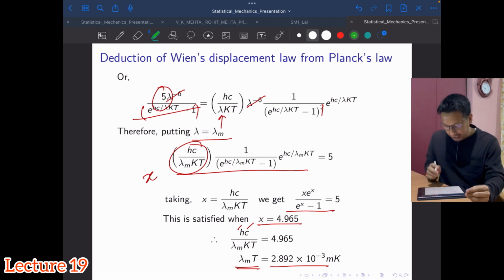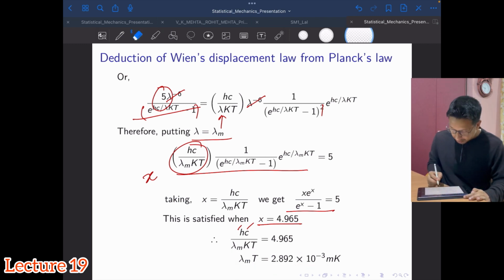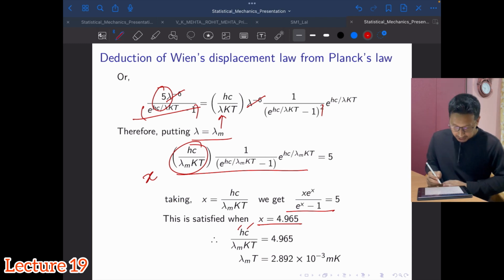And this value exactly equals what we had considered while studying Wien's displacement law. This is how we can derive Wien's displacement law from Planck's radiation law.